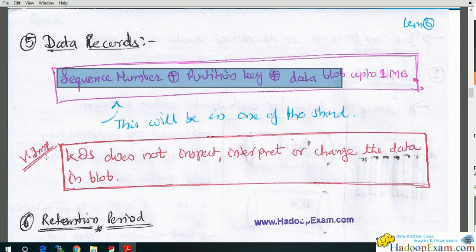So that option would be incorrect if you see an option with Kinesis data stream applying some logic on the data. That is not possible, because Kinesis data stream does not read or inspect the data, what content is inside. A very important point for your certification perspective.